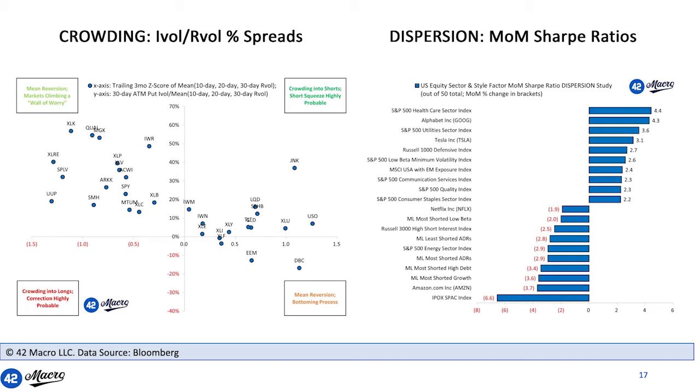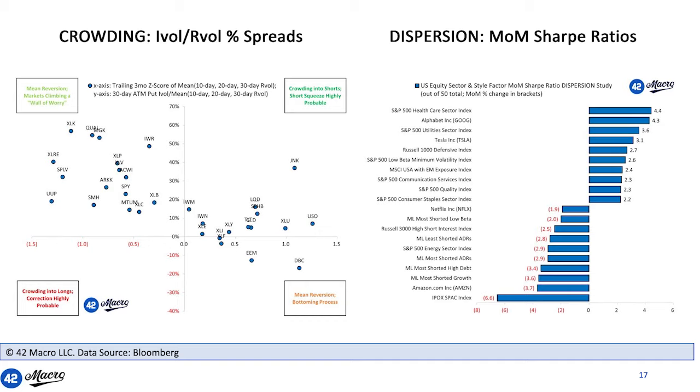You're seeing implied vol premium being built into things like junk, IWM, which is small caps, IWN, which is small cap value, crude oil, obviously. You're seeing implied vol premium built into things that have already corrected. This is indicative of an investor consensus that's probably not leaning over its ski tips from a gross exposure perspective.